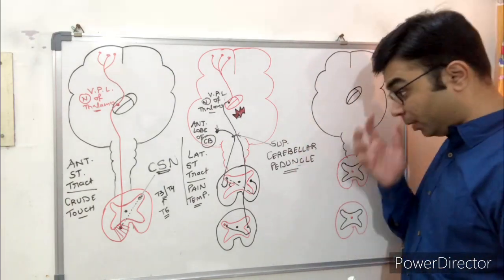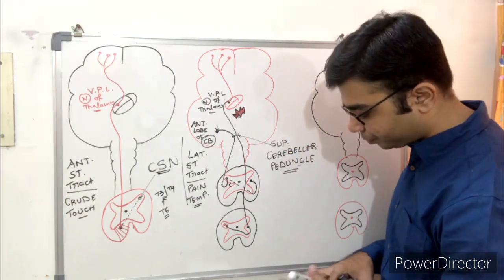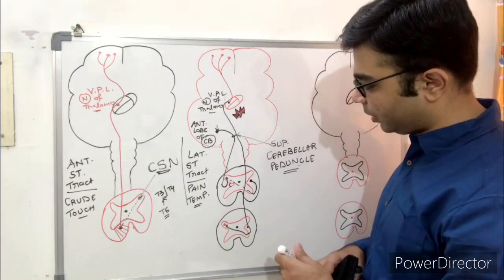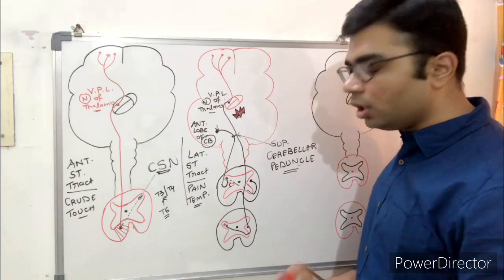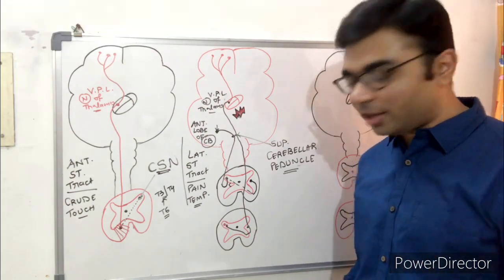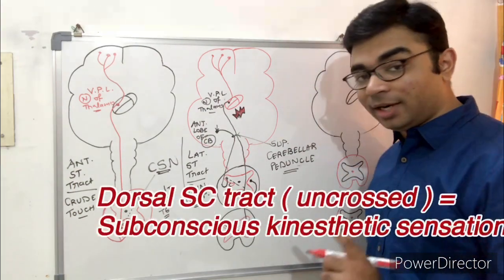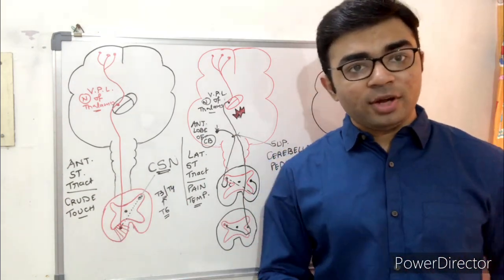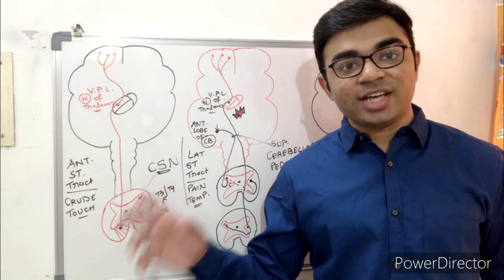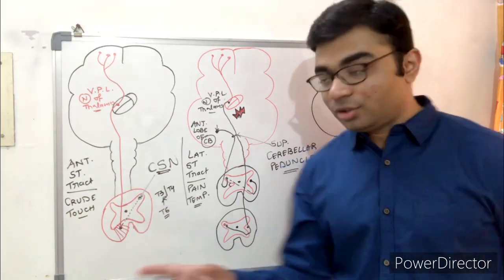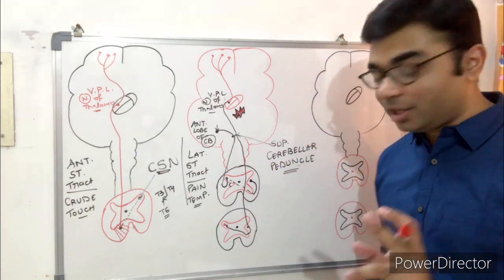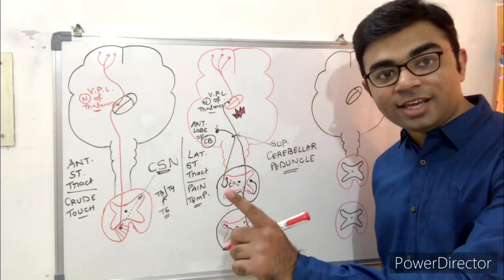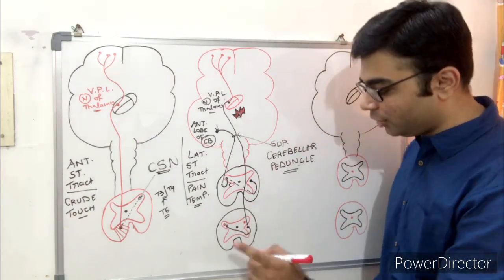Next tract which is present is the dorsal spinocerebellar. Let me change the color of my marker. The dorsal spinocerebellar tract is also responsible for carrying proprioceptive as well as subconscious kinesthetic sensation, and it originates from the dorsal nucleus of Clark, also present in the posterior gray horn of the spinal cord.